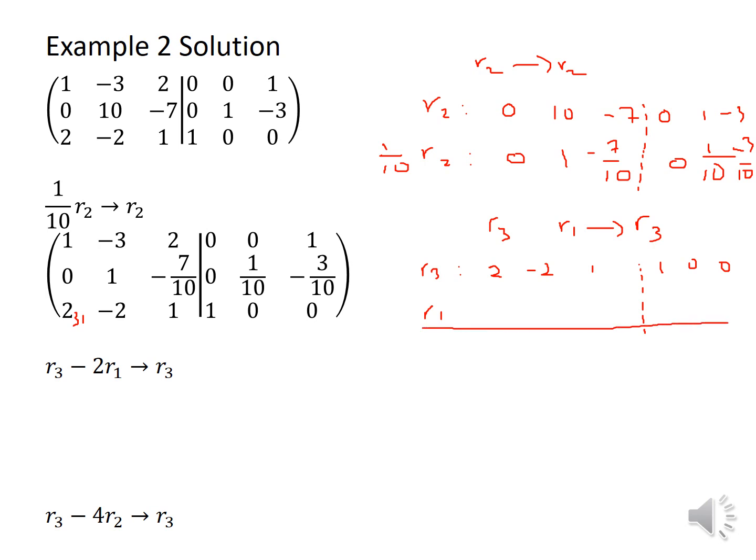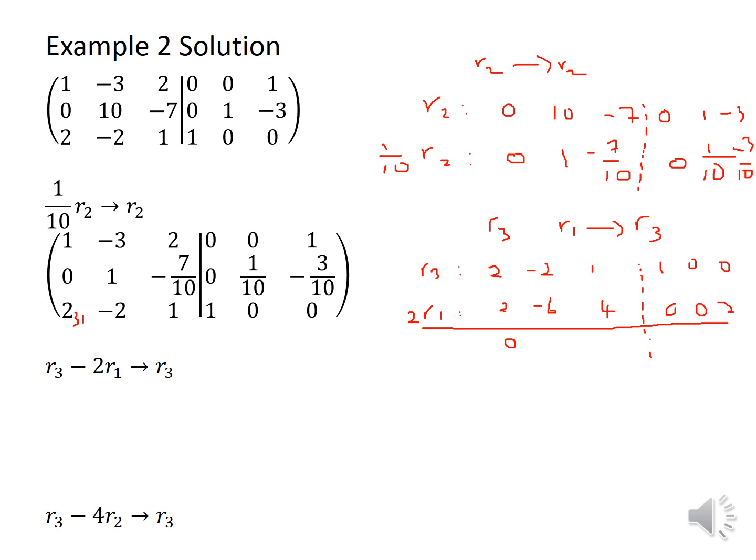So we know that we should produce 0. Since the R1 is 1, so we should multiply 2. So 2 multiply 1 is 2. 2 multiply -3, -6. 4, 0, 0, 2.